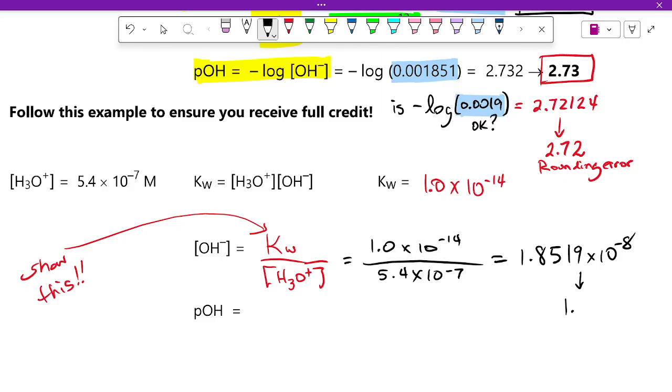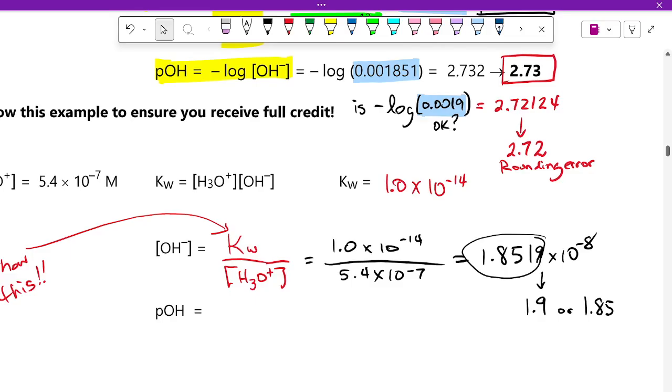Question. Is this number here going to round to 1.9 or 1.85? Is this for sig figs or for calculating?